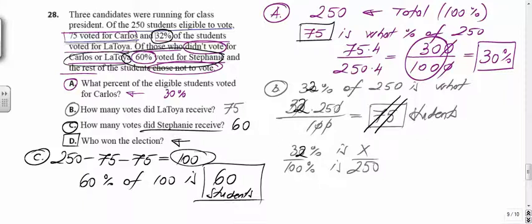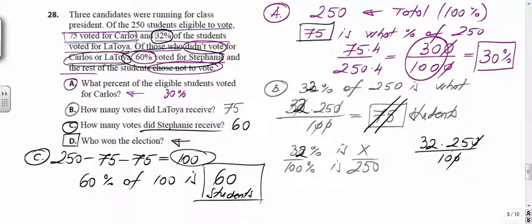But let's find out what should be the correct number here. So I've got 32 times 250 over 100. Well, first of all, I can simplify by 10, right?